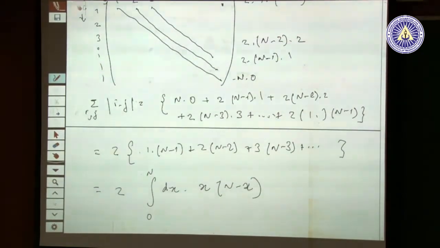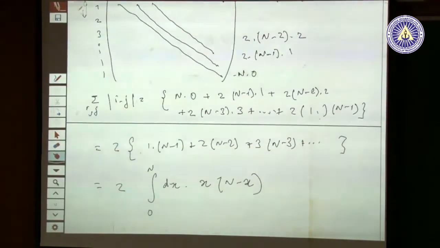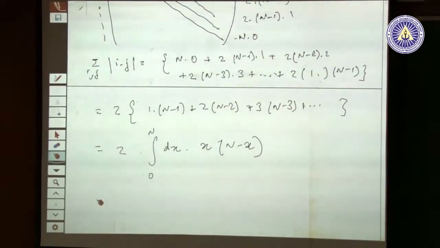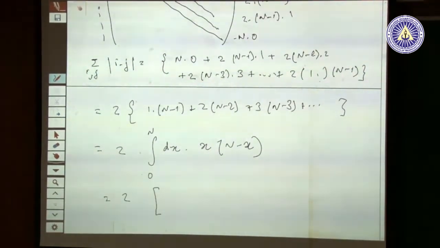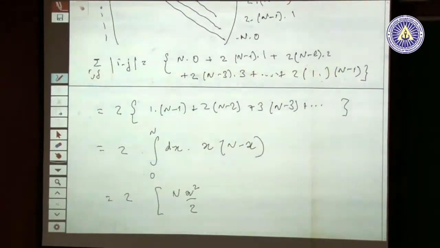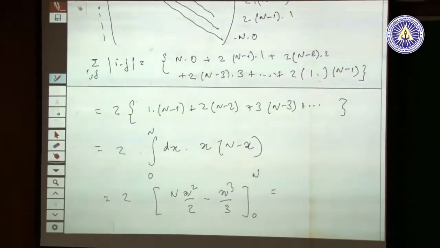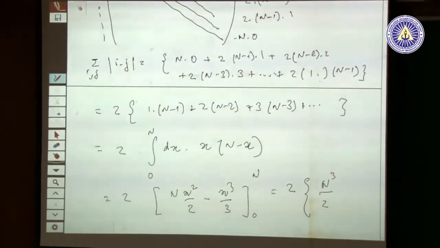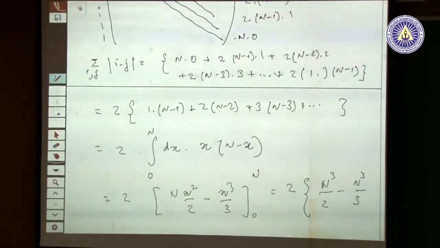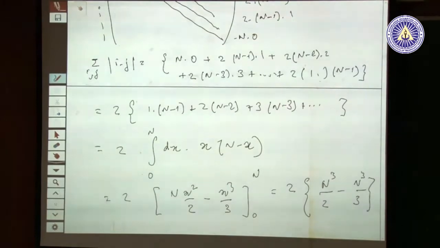That is what the index is, and if you did that, this is straightforward. 2 times n x squared over 2 minus x cubed over 3 going from 0 to n. So that is 2 times n cubed over 2 minus n cubed over 3. Am I doing something wrong? Is it correct so far? Yeah.